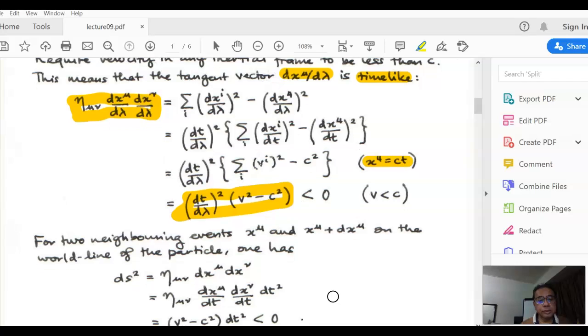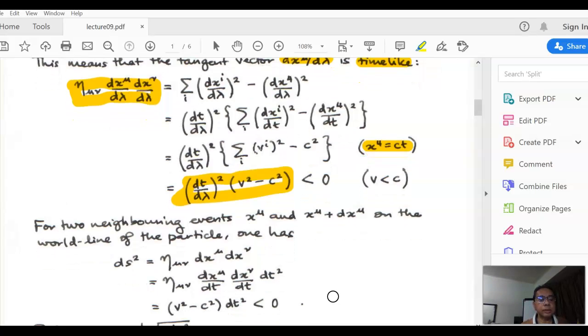Now let's do another thing here. Consider the case of two neighboring events, one coordinatized by x^μ and the other coordinatized by x^μ plus dx^μ. So one could form the 4-dimensional interval ds squared, using this η_μν dx^μ dx^ν. But now what we could do is take the derivative of this differential with respect to t, and then you have a dt squared here.